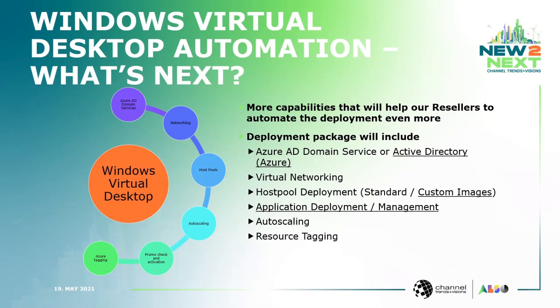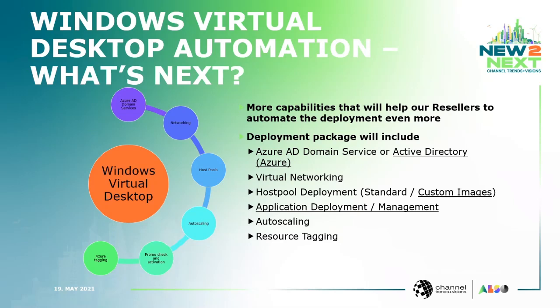What's coming next? Well, we add more capabilities that will help our resellers to automate the deployment even more. So the next deployment package will include not only Azure Active Directory Domain Services, that's already there, but you can also use Azure Active Directory or Active Directory Classic, on-premises or in Azure itself.